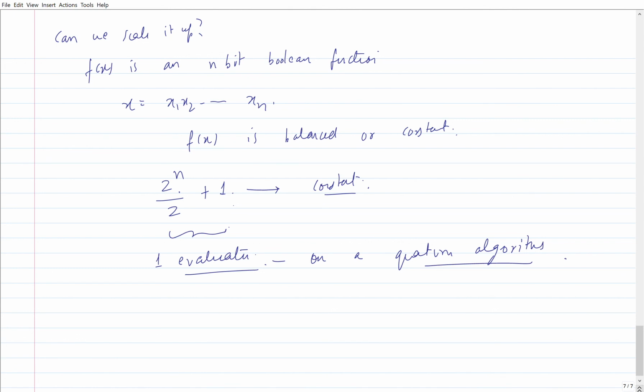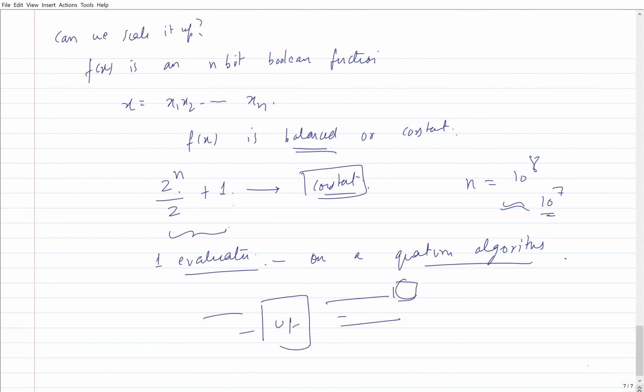So I hope now at least comparing it to a classical machine makes sense. Say in a classical machine, let's say n was 10 to the power of 8. Well, then you will have to make order of 10 to the power of 7 queries to find whether the function is a constant or balanced. Whereas in a quantum computer, once you have set up the system, you just need to evaluate it only once, send it through a quantum circuit, and the upper qubit is going to give you the answer whether the function is constant or balanced.